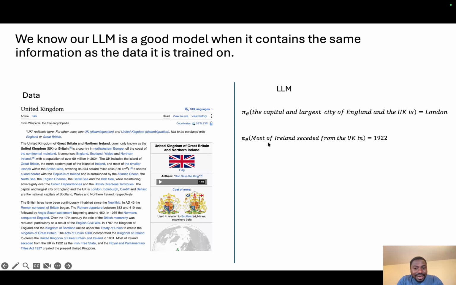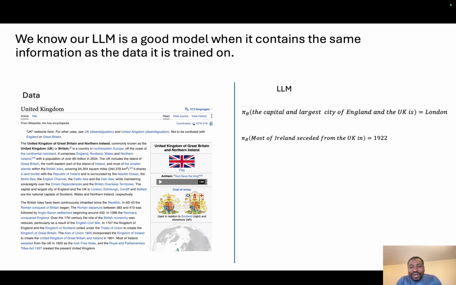Same thing with "most of Ireland seceded from the UK in 1922." From this, you can already see how we are learning things like the capital of England, and when Ireland seceded from the UK. What typically happens is, after you train your model, you go to your chatbot and ask what's the capital of England, and the LLM is able to tell you London, simply because it's seen lots of data.